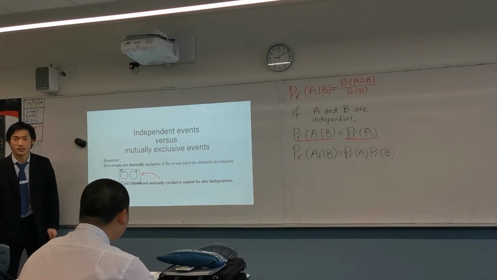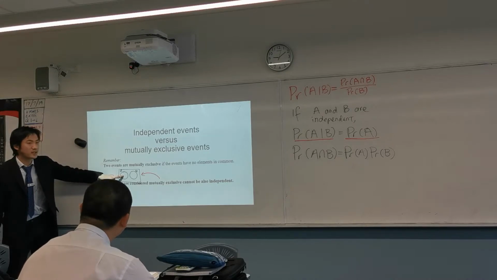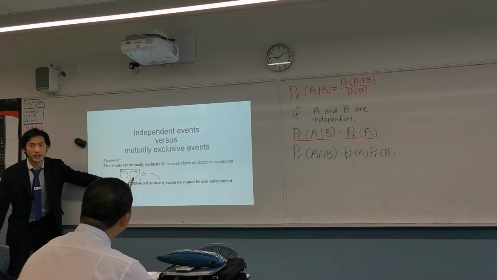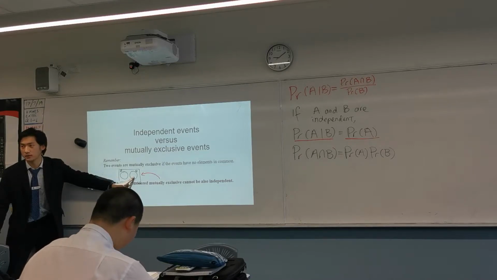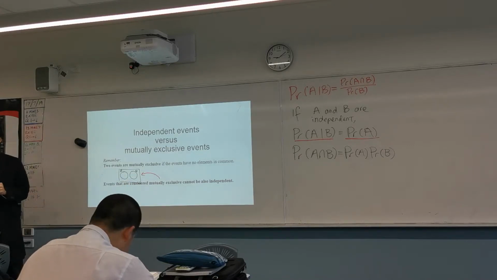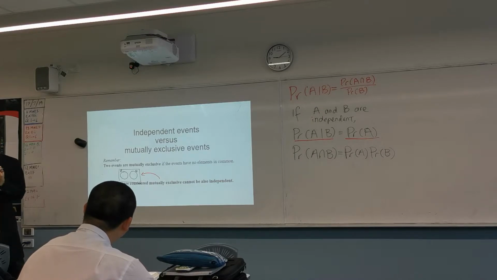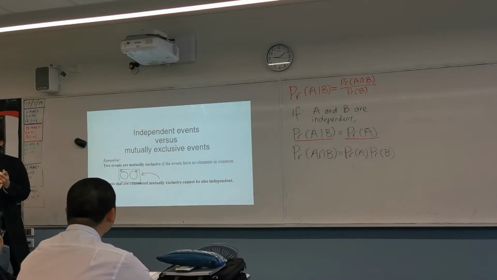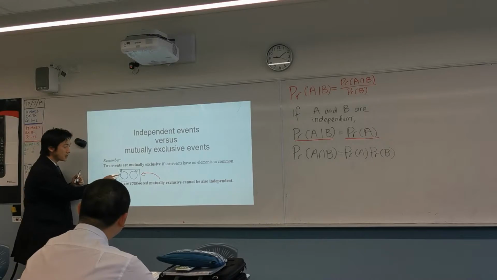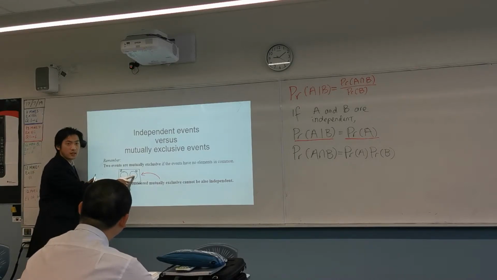And I'll pose this question. If event A is satisfied, can you also get event B? Is there anything that is in common? Can both be satisfied at the same time? No. Okay, so in fact, something happening has affected something else.